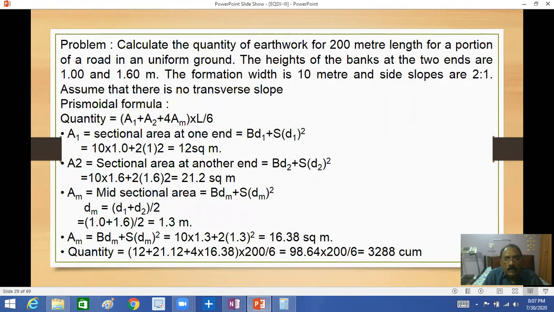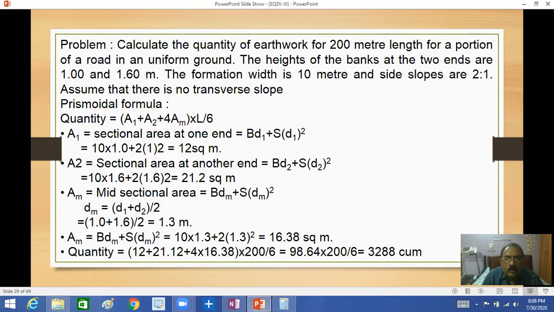Now, the same problem: calculate the quantity of earthwork for a 200-meter length of a portion of road in a uniform ground. The heights of the banks at the two ends are D1 equal to 1 meter and D2 equal to 1.6 meters. The formation width is 10 meters as explained above, and the side slopes are 2:1, that is S is 2.